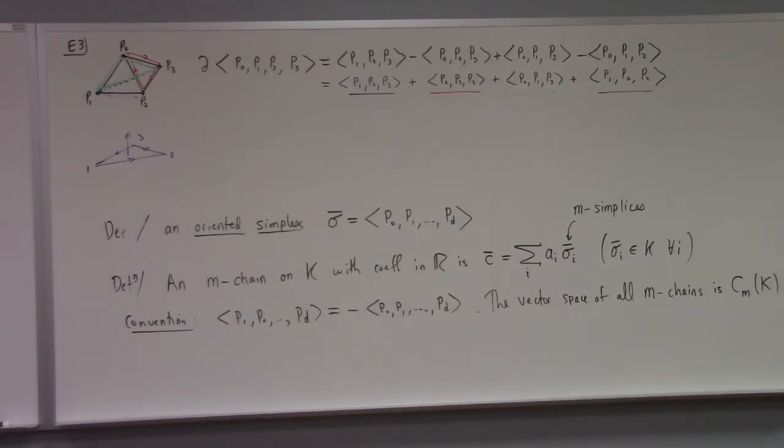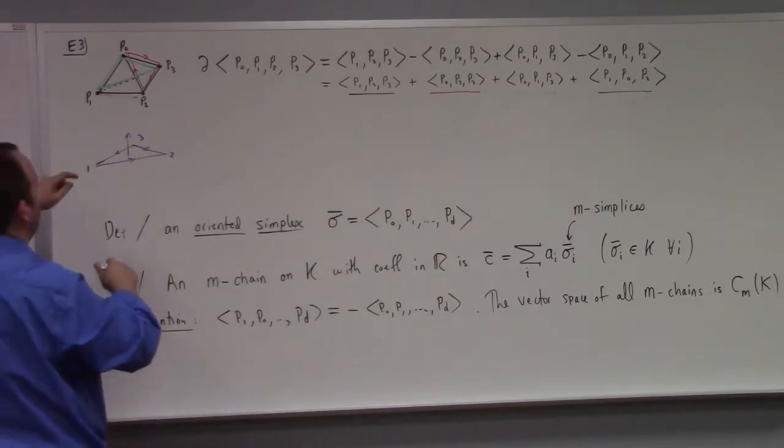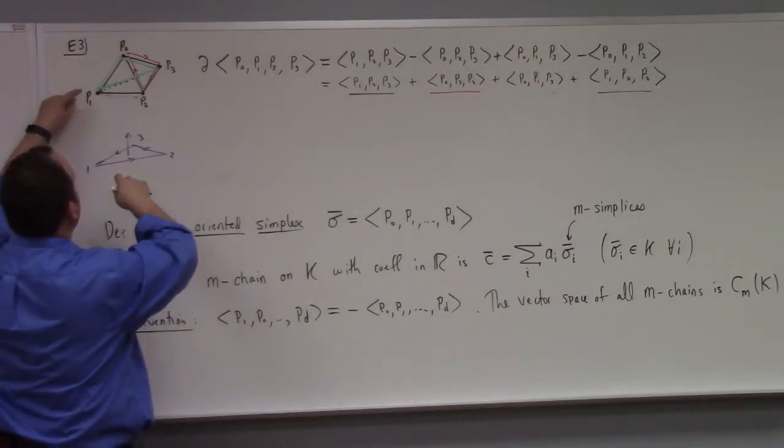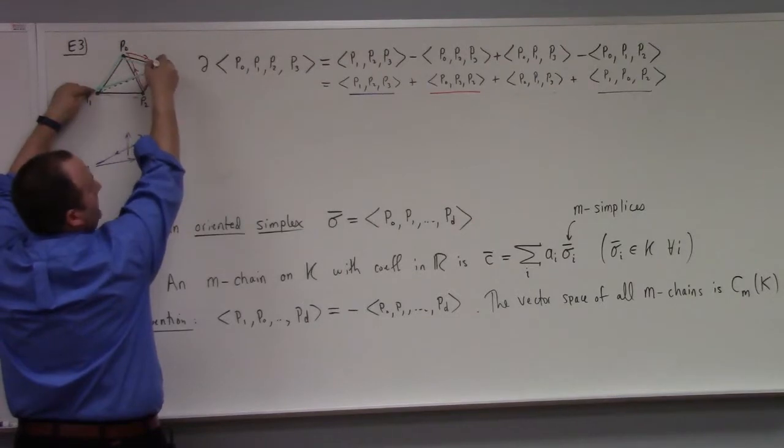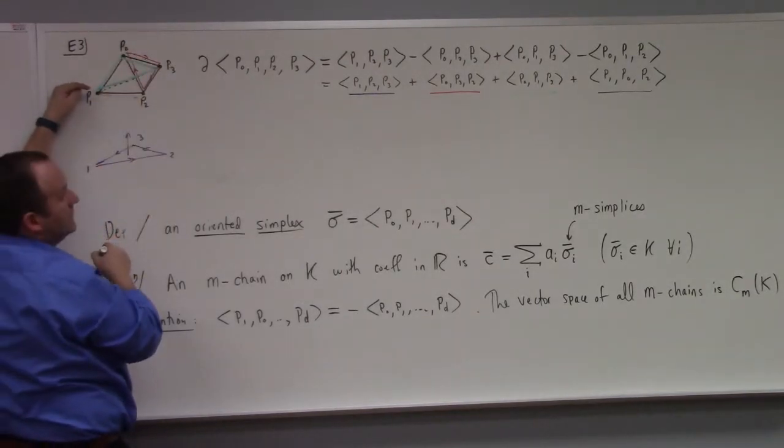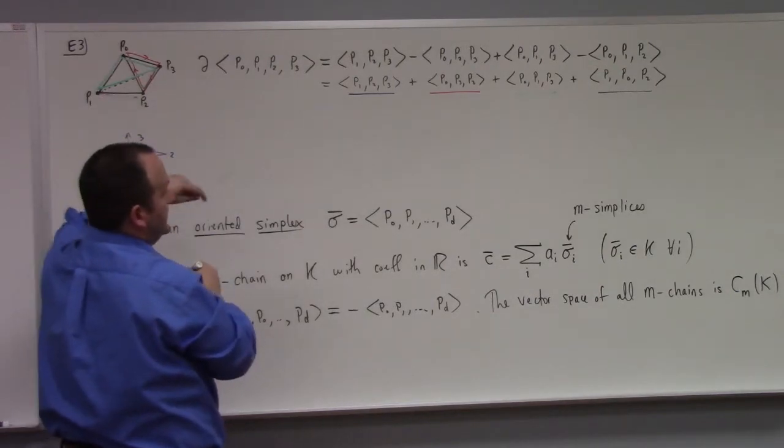I'm saying for the first P1, P2, P3, the orientation between 3 and 1 is going from 3 to 1, and the purple diagram goes this way. And for P0, 1, 3 and back to 0 again, 1 is going to 3 there. So these are different. That's what I'm saying.